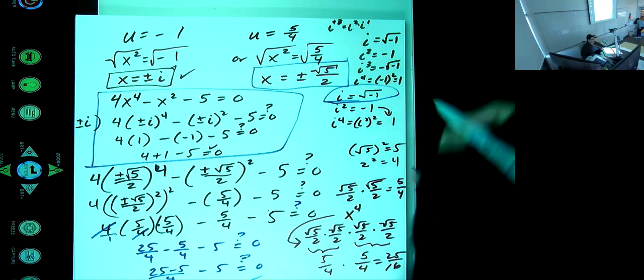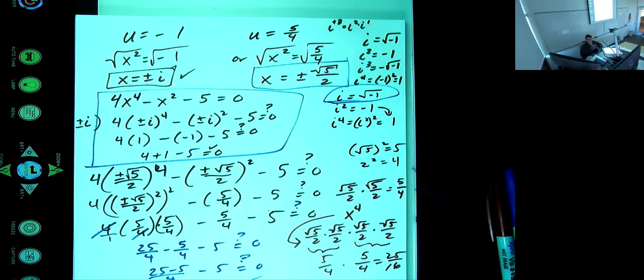And i to the 4th power is i squared times i squared, so that's -1 squared, which is 1. You just have to remember that cycle for i. They're either plus or minus 1 or plus or minus i. And that just means going through this slowly when you plug it in.